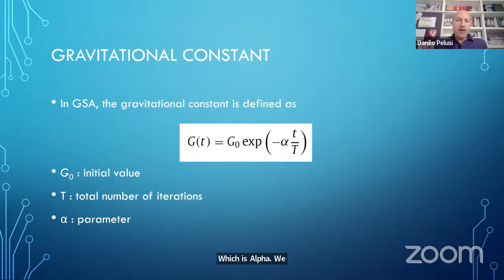Alpha has an important role because small changes of alpha provide high changes in G(t). Specifically, G0 is the initial value of the gravitational constant, T is the total number of iterations, and alpha is the important parameter.